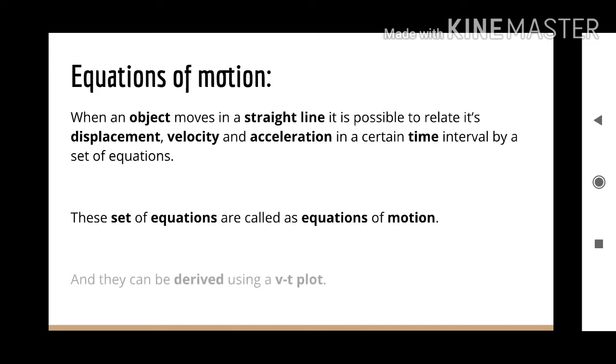These equations of motion can be derived graphically using a velocity time plot. So how does that velocity time plot look like? In the previous class we learnt about different types of velocity time plots. Here we will be looking at a body moving with constant acceleration.